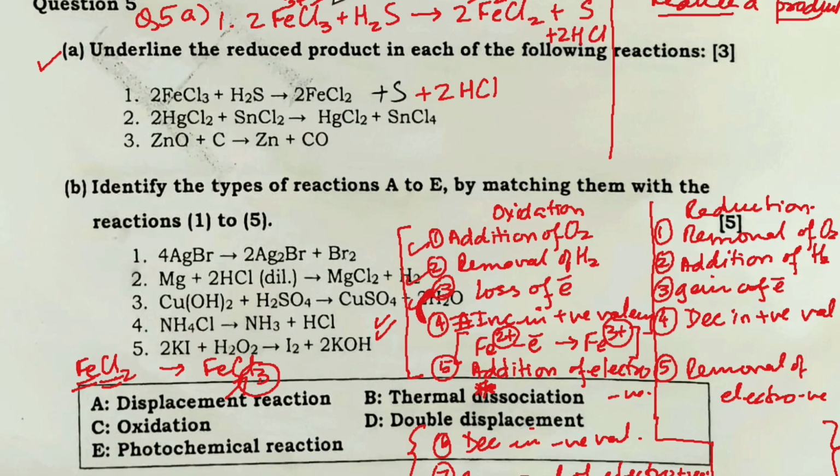And what do you see over here? Decrease in positive valency. Can you see that? 3+ becoming 2+ means what? Correct or no? Decrease in positive valency. So this is the reduced product. Did you understand? So it is FeCl2. Now making sense?